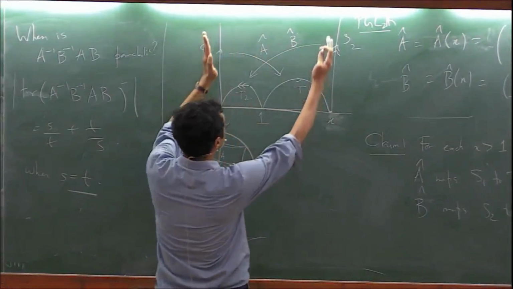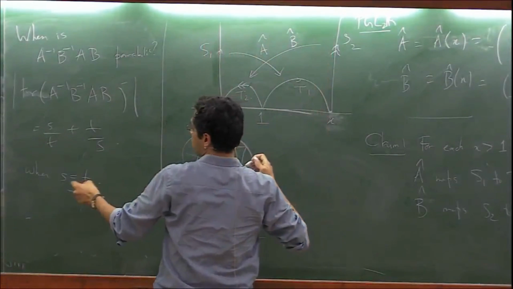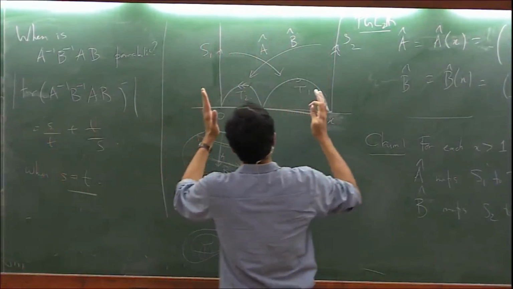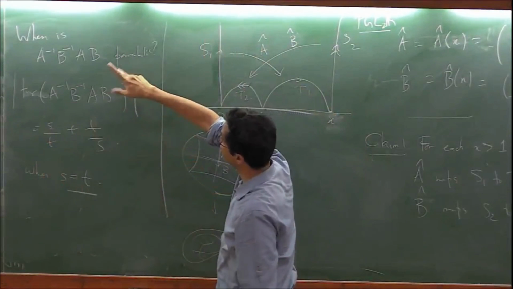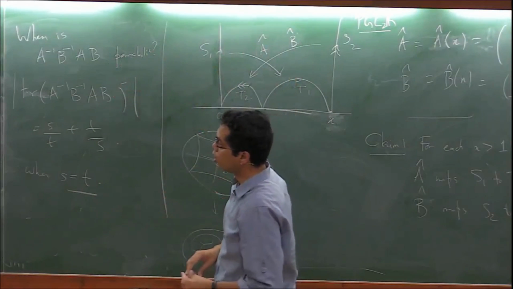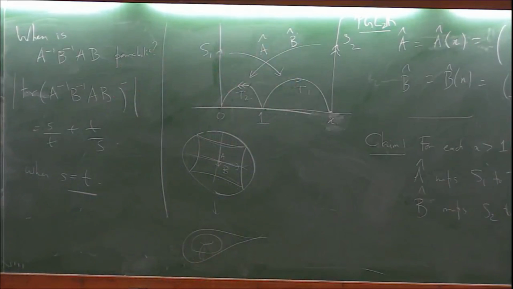These translations need to be the same, translating by the same amount, if you want this commutator to be parabolic.